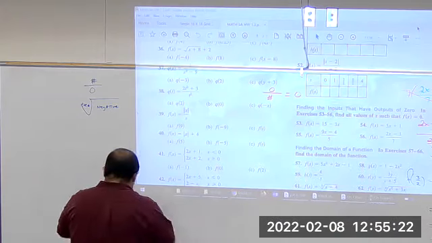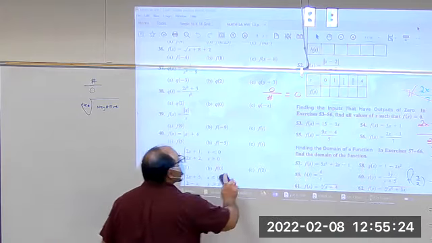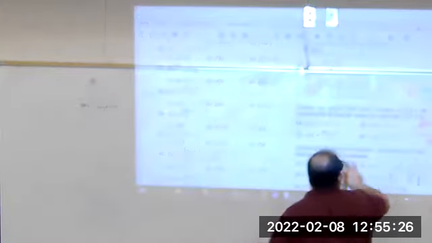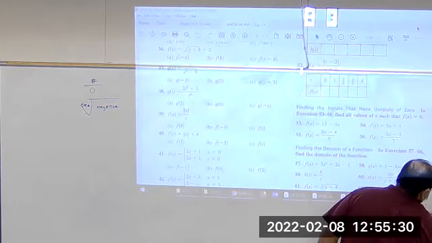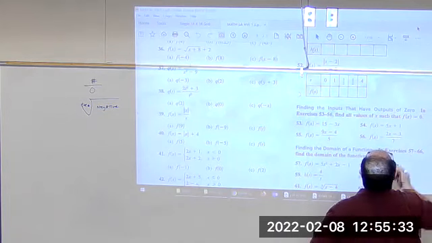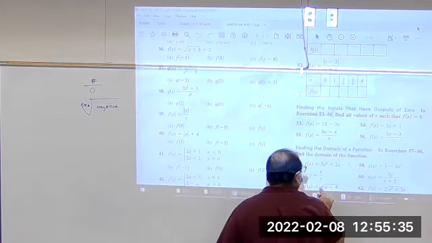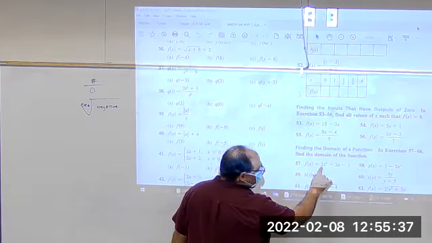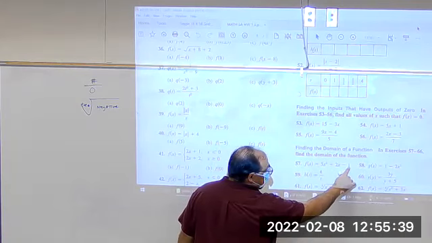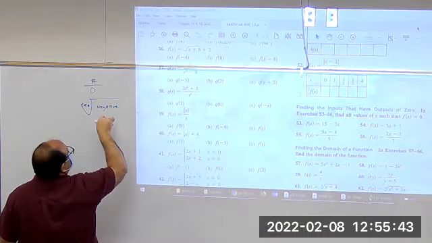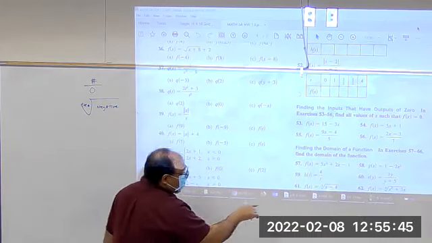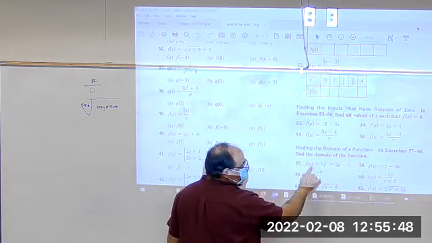So 57. F of x equals 5x squared plus 2x minus 1. Is there any way that either one of these scenarios can possibly happen when you plug in values of x?